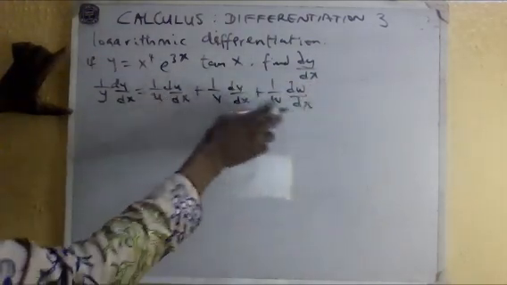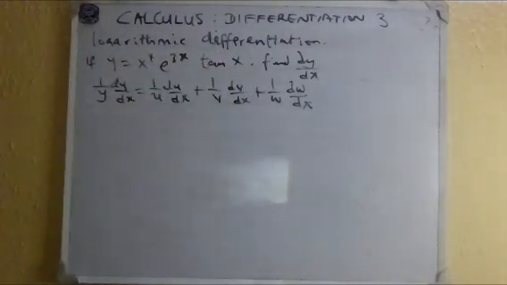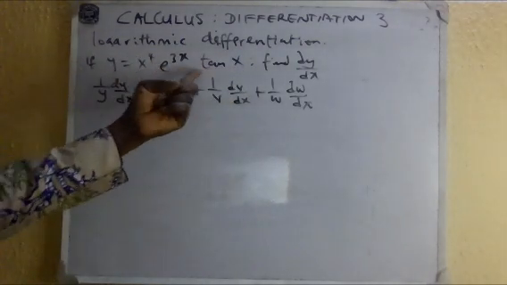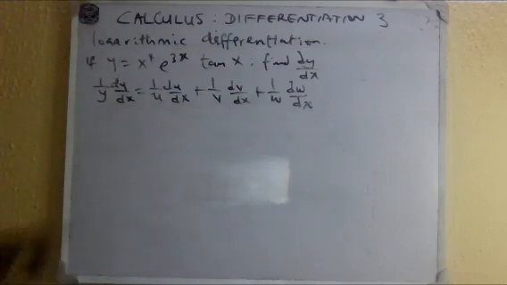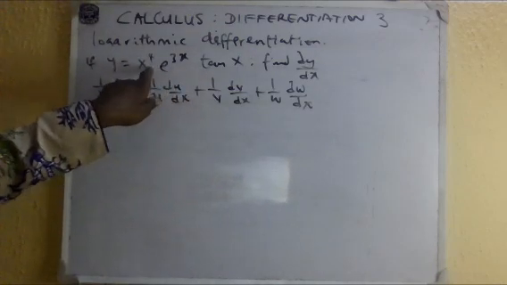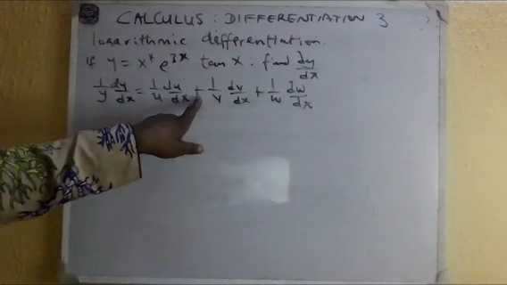So I have a plus. Why? Because the function is bounded by the times operator. The operator bounding these expressions is multiplication. So the logarithm will change to plus.